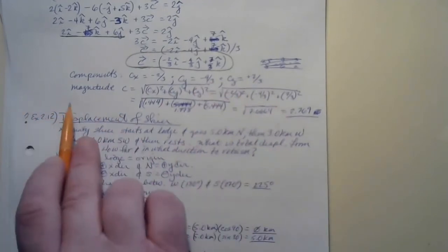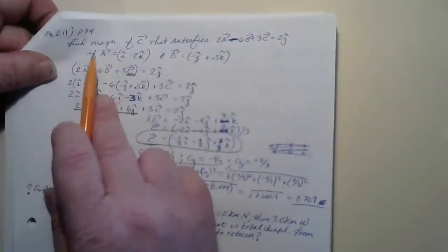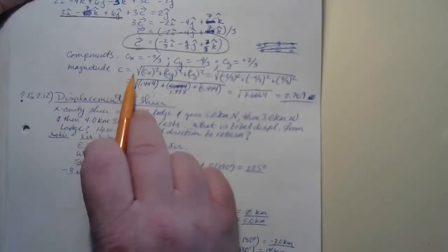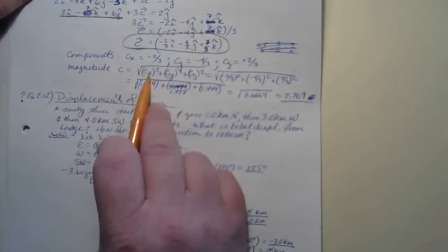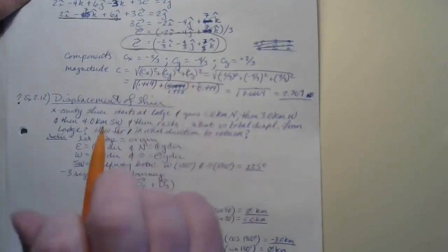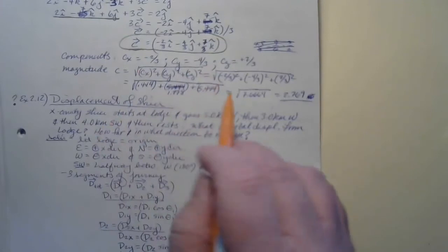If you want the magnitude, because it asked up here at the top for the magnitude, the magnitude would be just the square root of the x component squared plus the y component squared plus the z component squared. Take the square root of it.